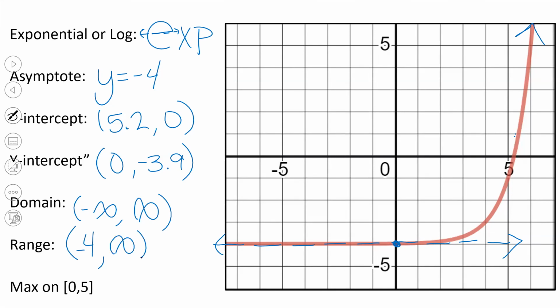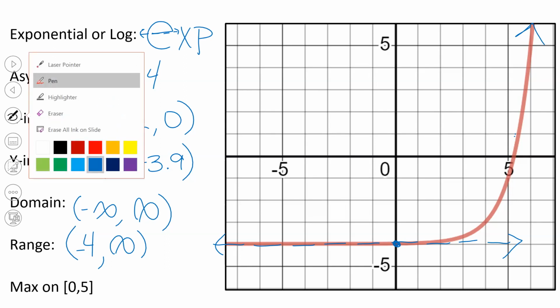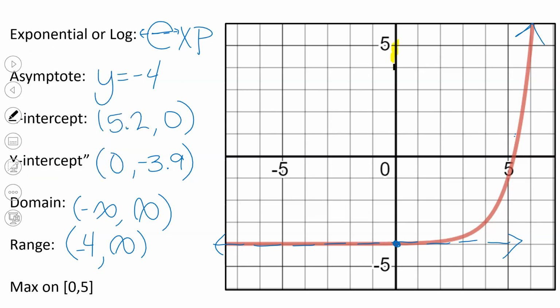Last one, and then we're done with this warm-up. The maximum on the interval between 0 and 5. So if I have a line at 0, just a second, I'll move out of the way, and a line at 5, I care about what's in between here. So in between, what is the maximum? What's my highest I can go? -1.